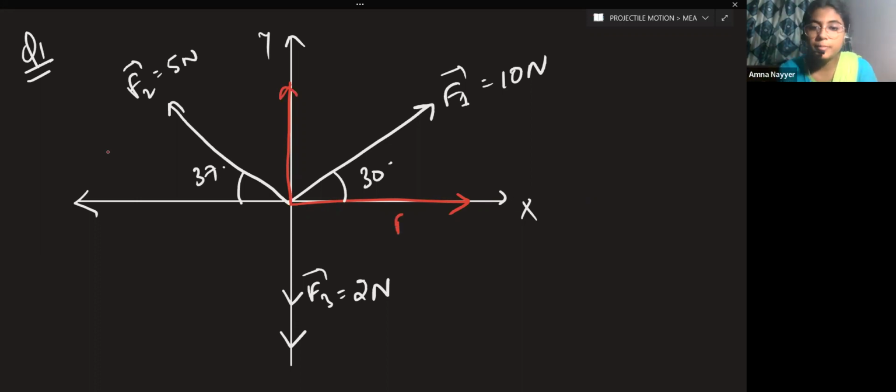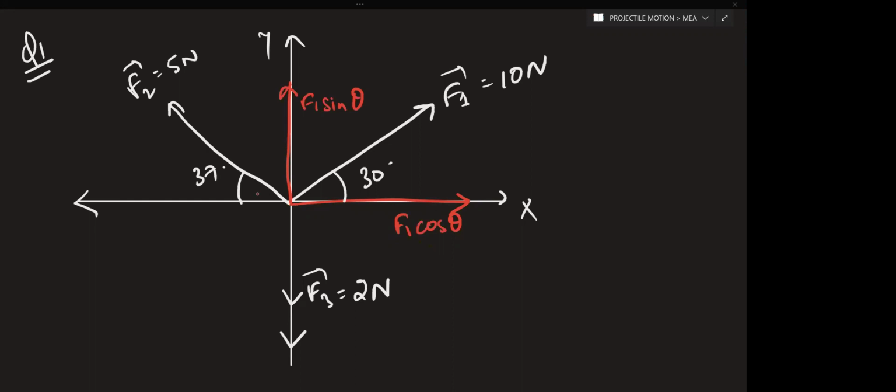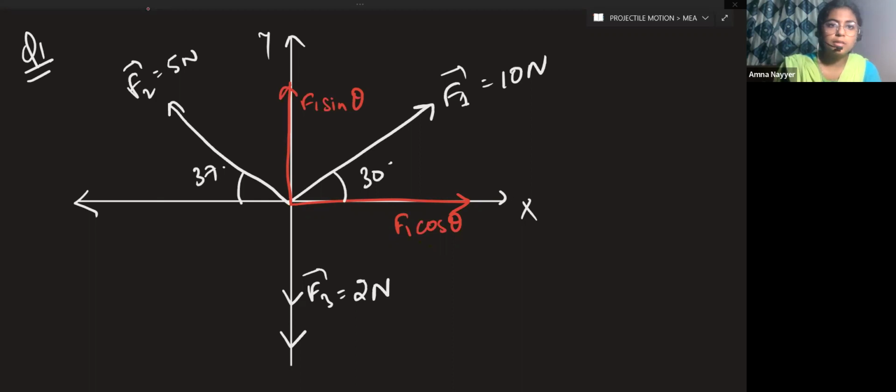So this becomes F1 cos theta. And this becomes F1 sin theta. First tell me, is this clear to you or any doubts in this step? Fatima, Maha? Yeah? Now, see.